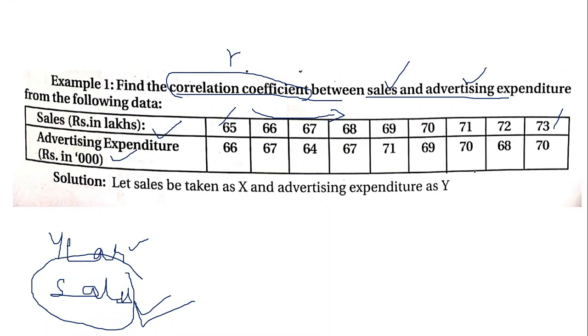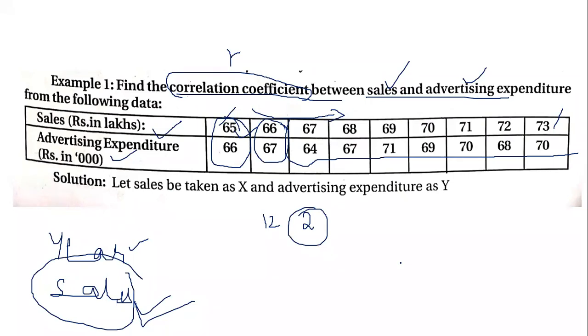So there are little differences in the advertising expenditure. In the first year, the advertising expenditure was more than the sales. Second year also the same scenario. But from the third year onwards, the sales are increasing more than the advertising expenditure, which means if I'm spending 10 rupees on advertising, I should at least make 12 rupees in sales. I should have that little bit of profit.